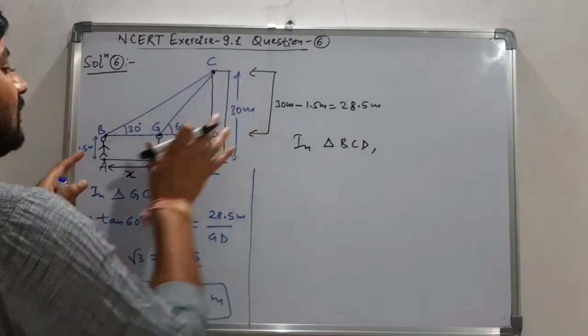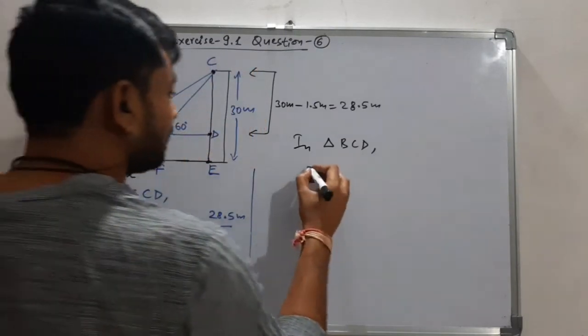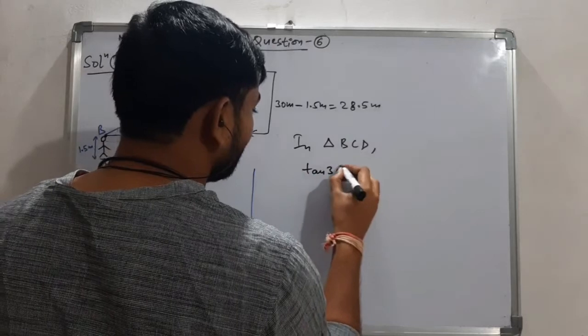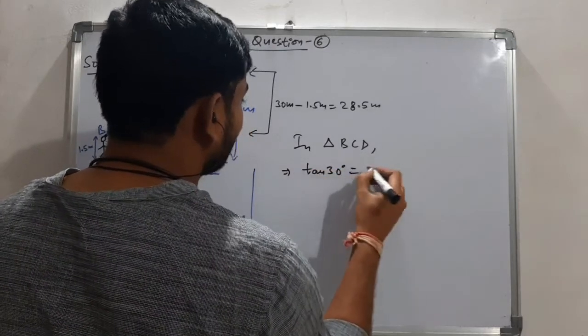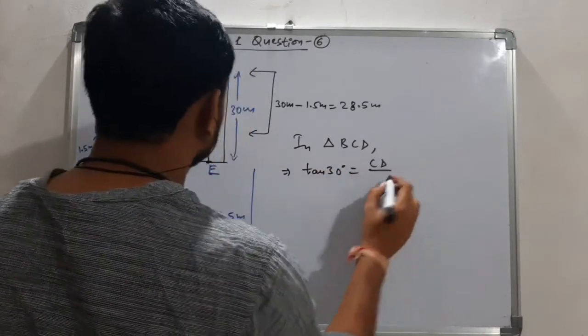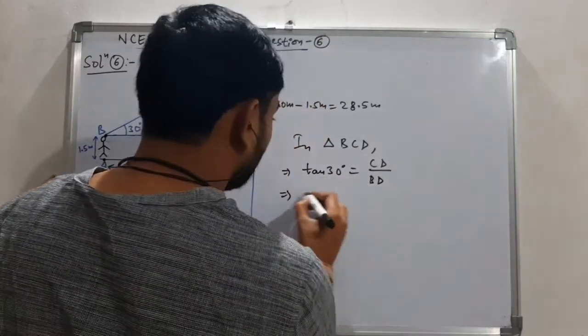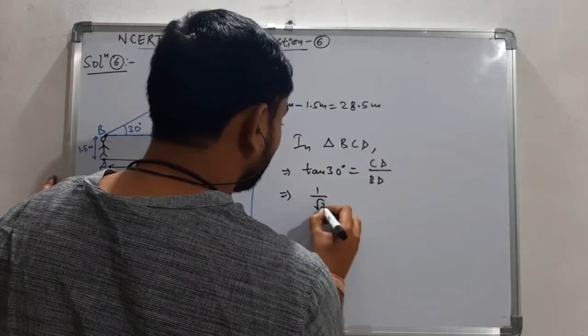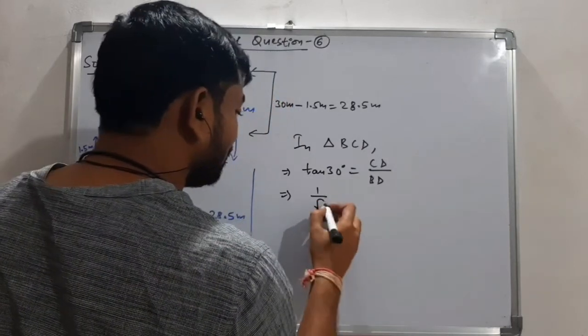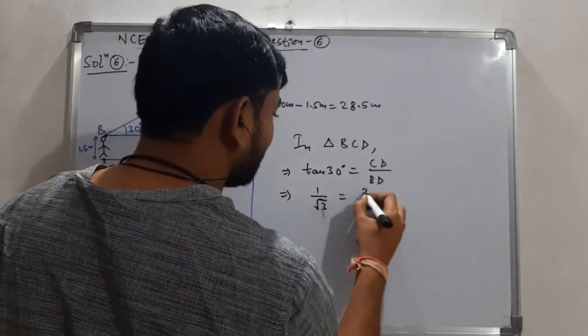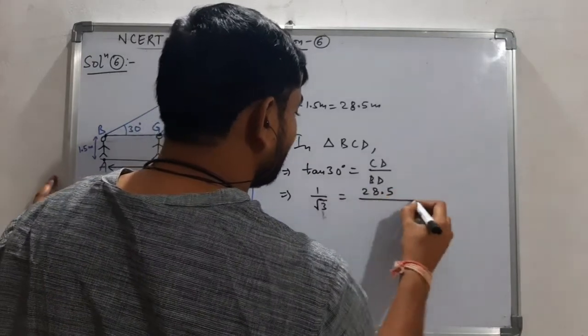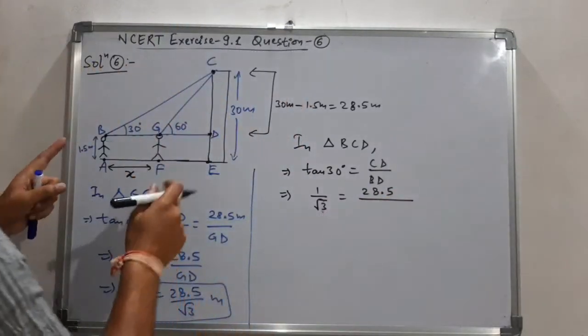This is the perpendicular and this whole will work as base. So tan 30 here, the angle is 30, is equals to CD upon the base here is BD. Now tan 30 is 1 by root 3 and the length of CD is also known to us, that is 28.5 meter.